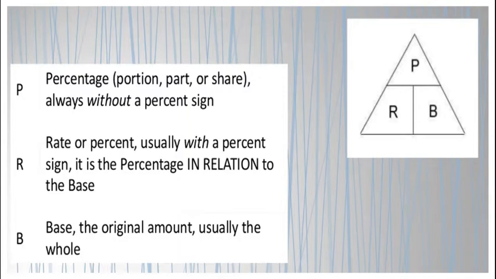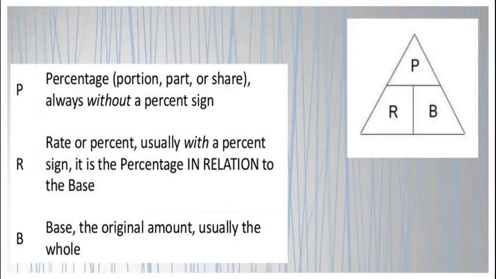We need to go one by one to get the definitions and the formula. We'll start with the percentage. Percentage has the symbol of P. It is the portion, part, or share, and is always without a percent sign.